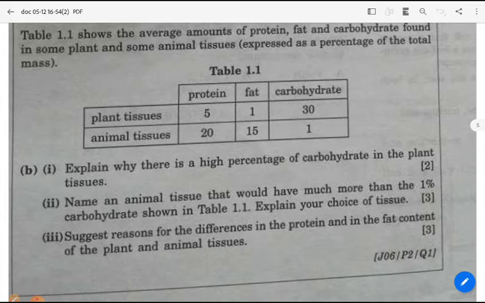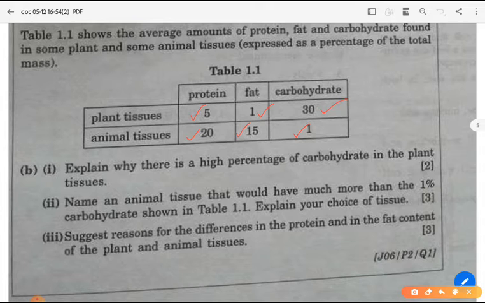Look first, in plant tissues, the protein is present 5% by weight and fat is present 1% by weight and carbohydrate is present 30% by weight. In an animal tissue, if we see, protein is present 20% by weight, fat is present 15% by weight and carbohydrate is just 1% by weight.